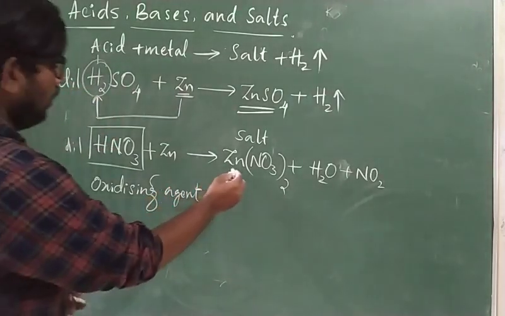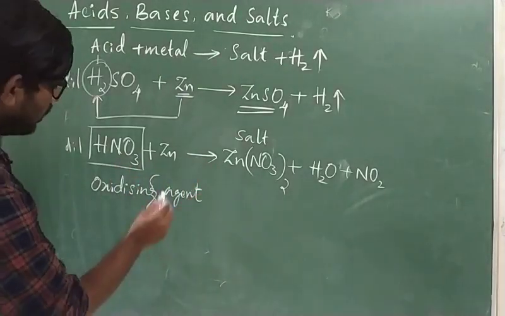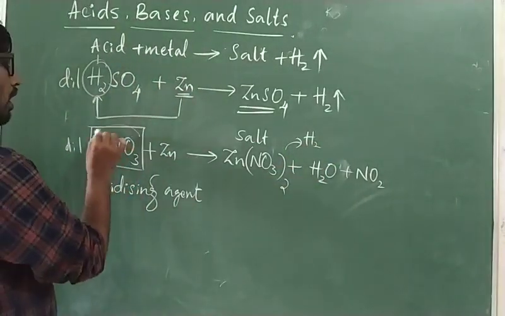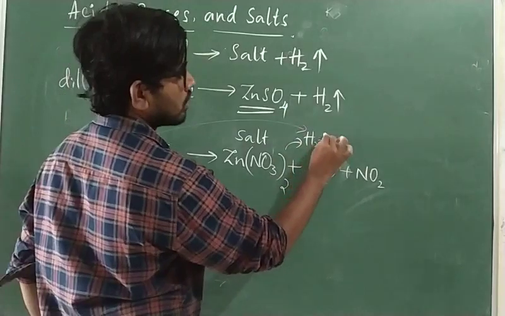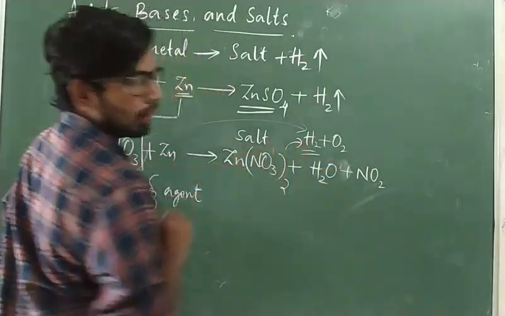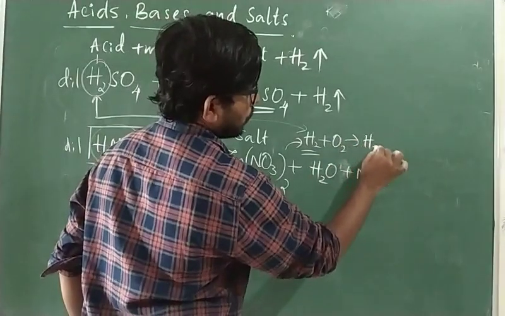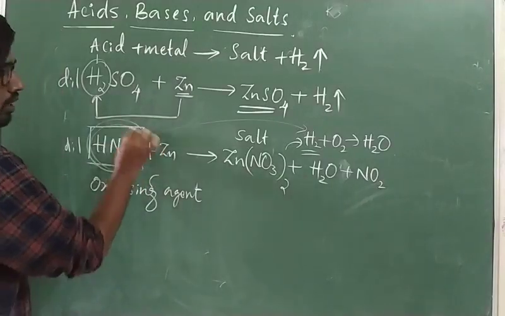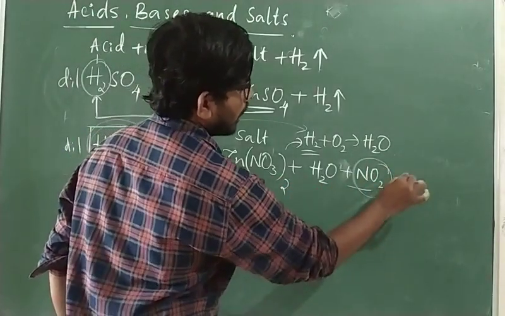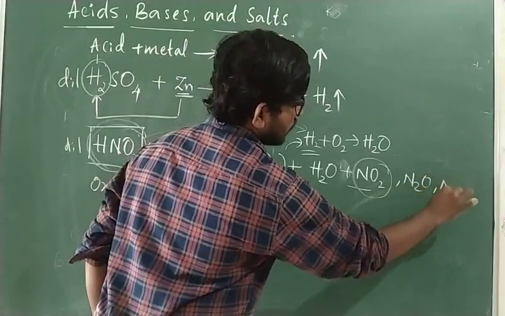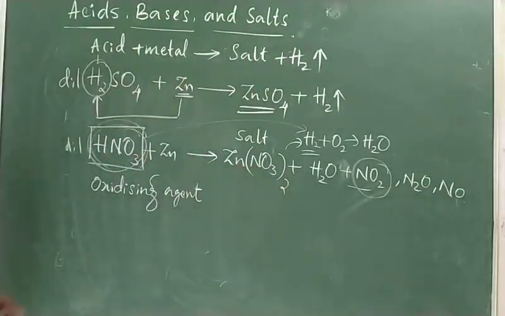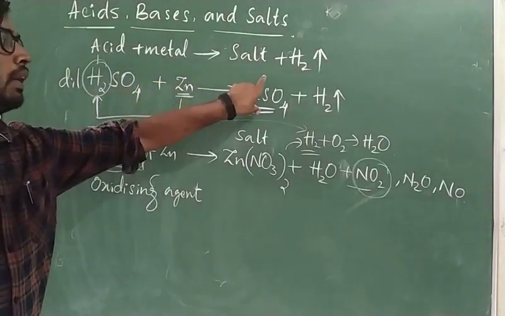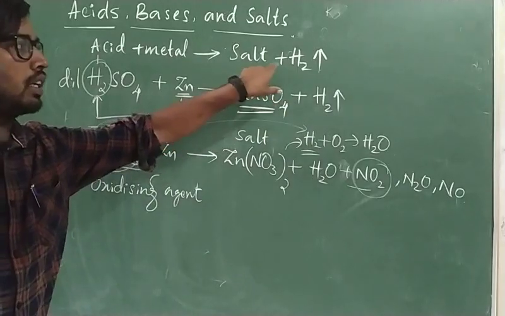It acts as an oxidizing agent. Means, in the first step what happens? Generally it will produce hydrogen gas. But it will produce oxygen to oxidize the hydrogen and form H2O. And it will reduce itself, forming NO2, in some cases N2O, in some cases NO. Normally acids react with a metal to form a metallic salt, that is zinc salt here, and produce hydrogen.